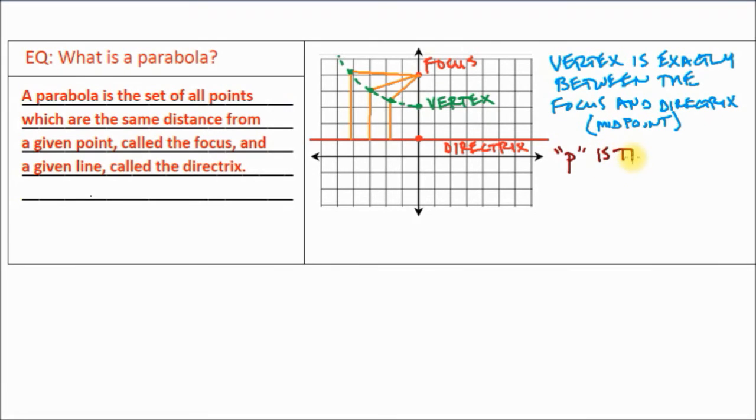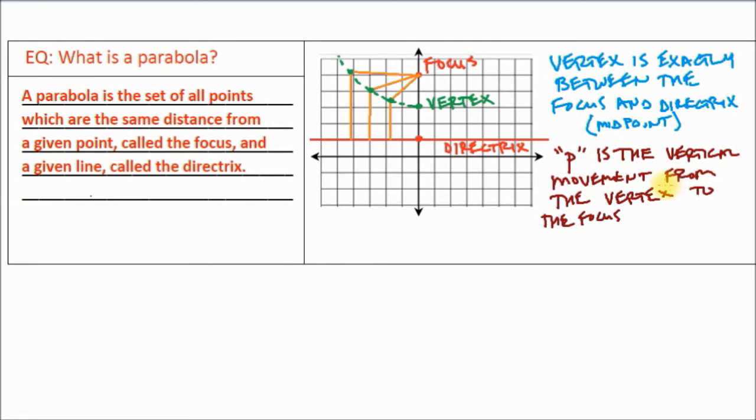P is the vertical movement from the vertex to the focus.